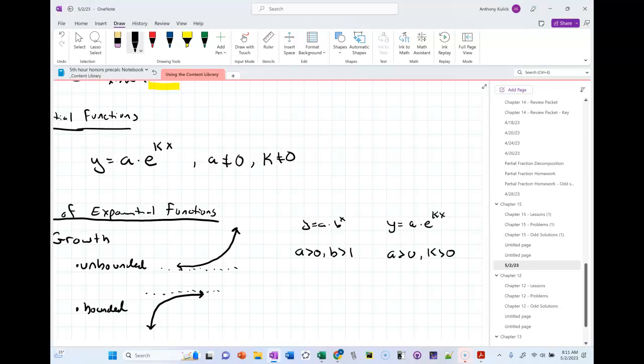If it's the bounded version, we have that a is less than 0 and b is between 0 and 1. You don't really need to write the 0 there. If you just write b less than 1, that's okay because the greater than 0 part is implied, but I'm going to write it there just so we don't forget. And then the same thing over here, a is less than 0 and k is less than 0.